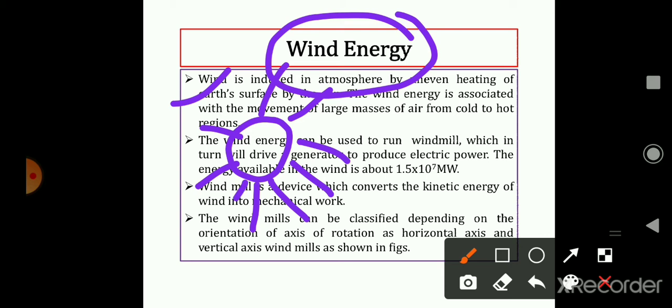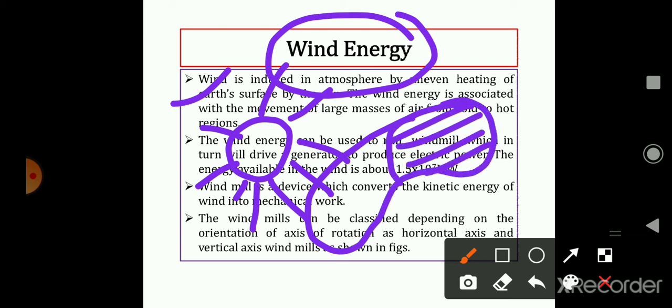throughout the year. On the earth we have two parts: one is a water part, another is a land part. Whenever solar radiation falls on the land part, the land quickly changes its property, while water changes its property slowly. So water has higher pressure compared to land.